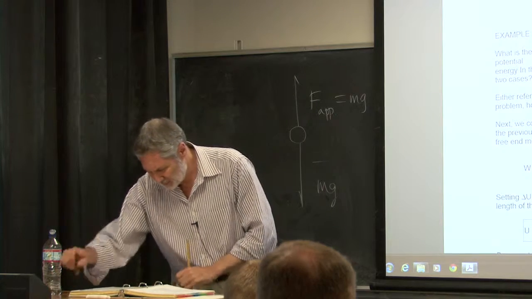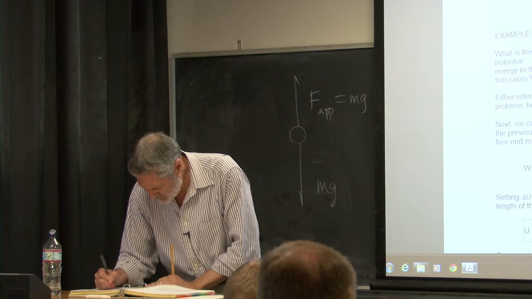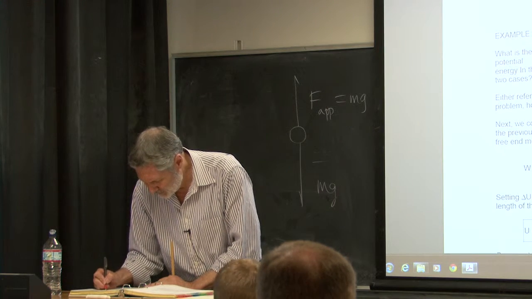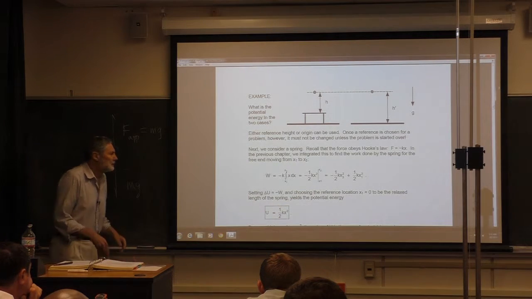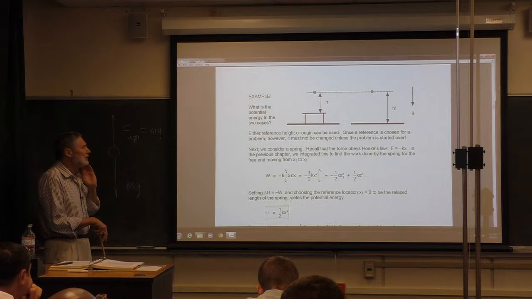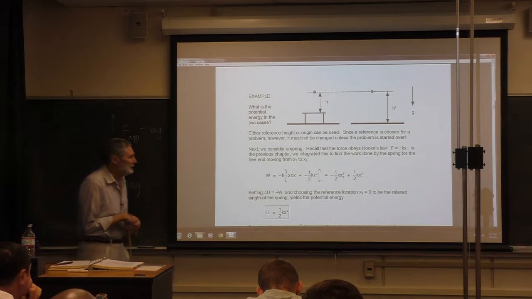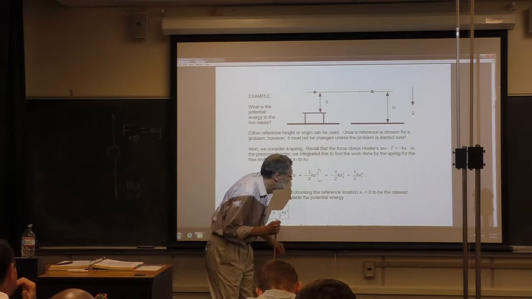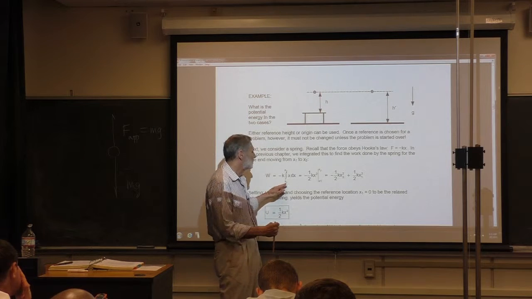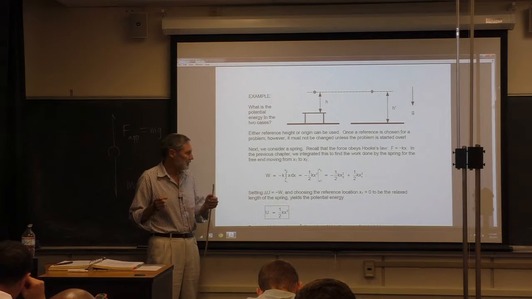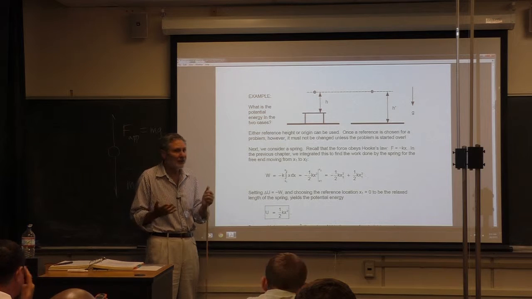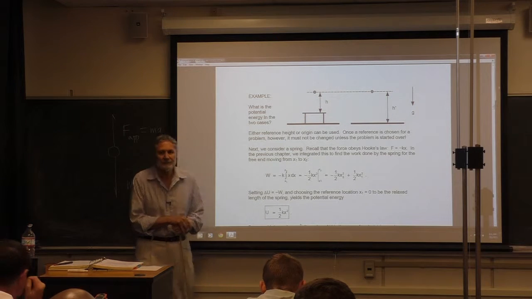I never noticed that. This one should be a subscript. Don't worry about it. So the natural thing to do here is we'll choose our reference location, x1, to be 0. That's going to be the unstretched state, and we'll call that zero potential energy.